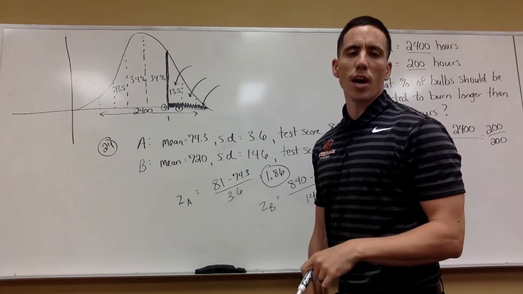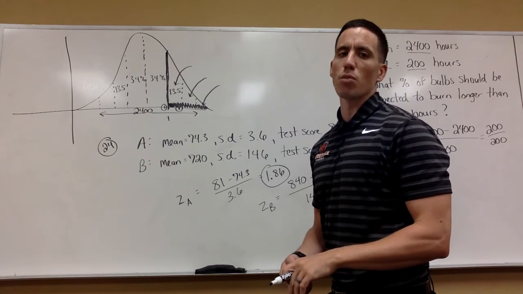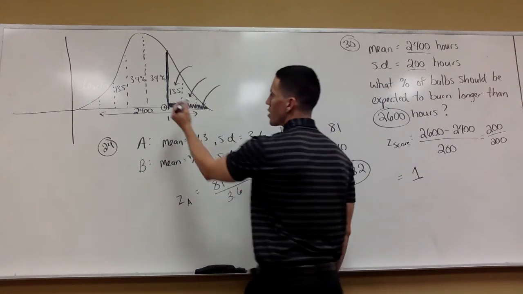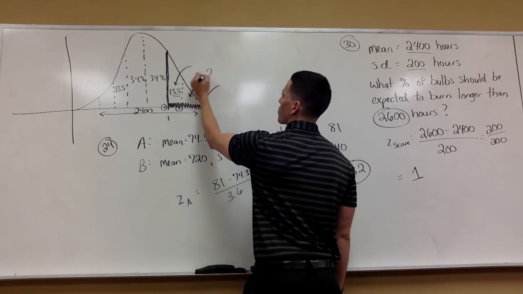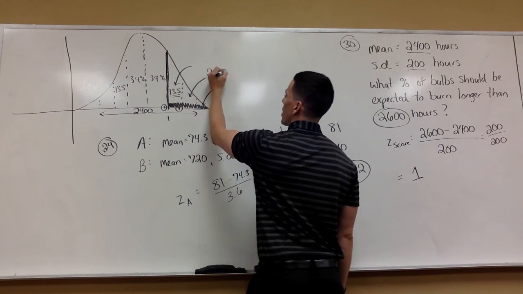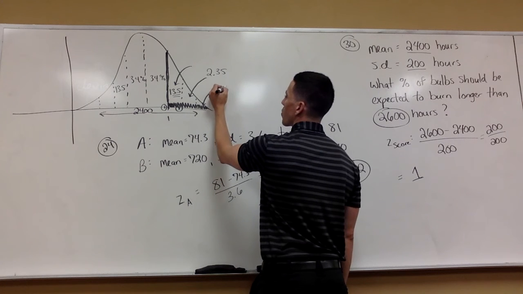This isn't a chart that you have to memorize. You could just access it in your book. But in this first standard deviation, we have 13.5%. See that here? Then we have 2.35%. And then finally, in this little tiny tail, we have 0.15%.